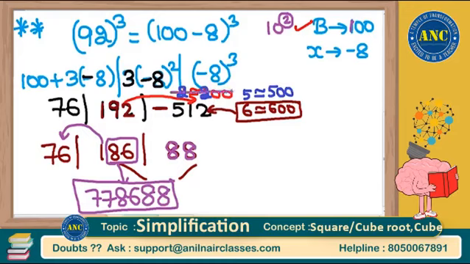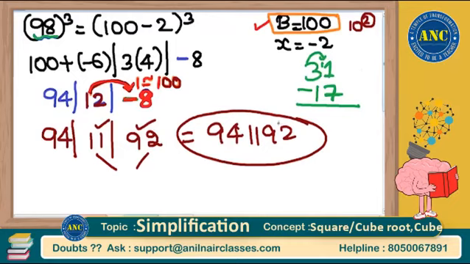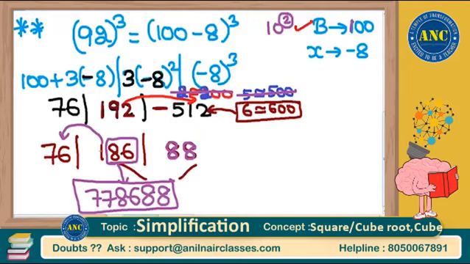A beautiful question which illustrates the fact that the borrow need not be 1 always. It need not be 2 always. It need not be 5 always. It depends until and unless I make my friend a positive person. And it also illustrates the fact that in our previous to previous question, we added some extra zeros so that I will get k digits as my values in the last two places. Here I have more than k digits. I am carry forwarding.